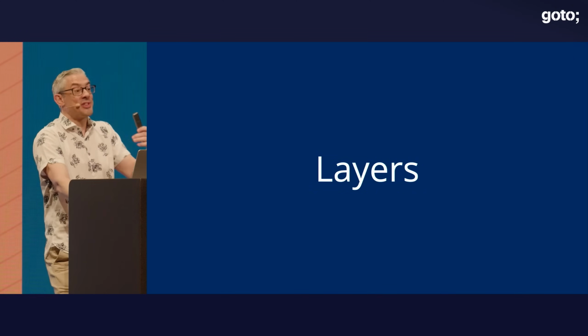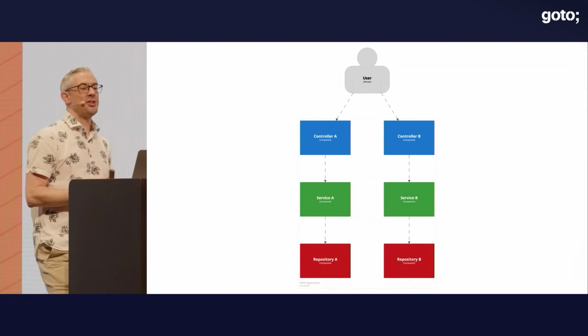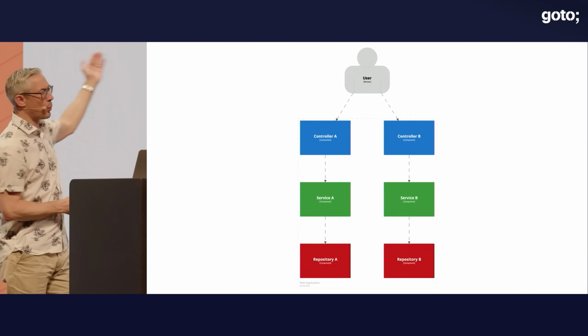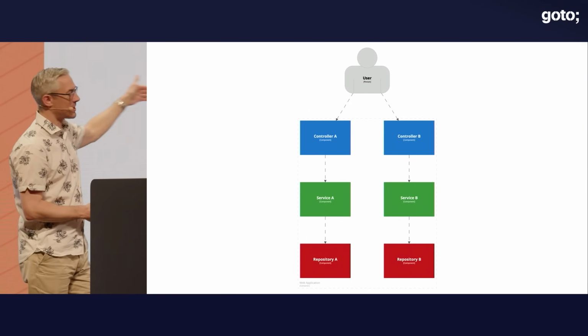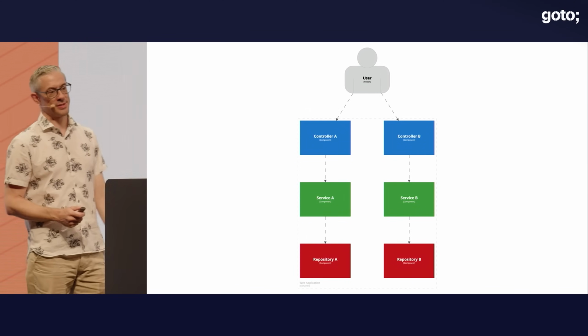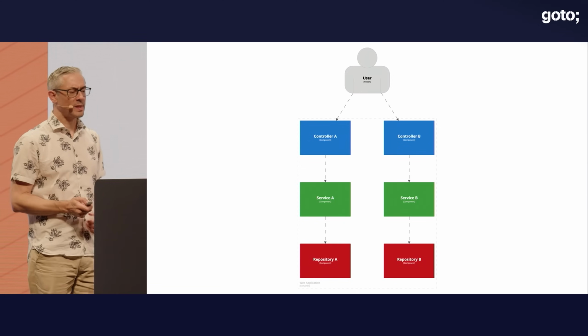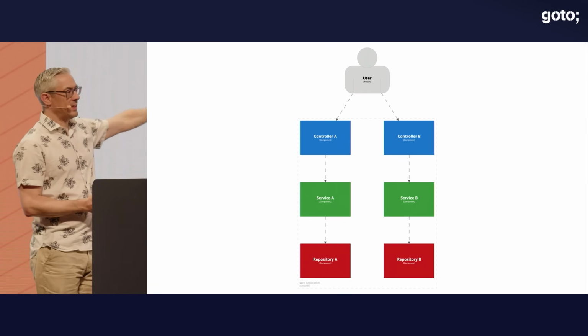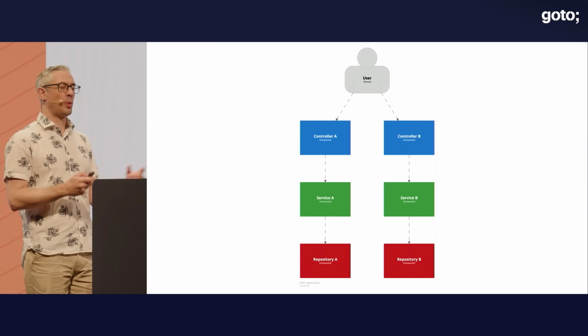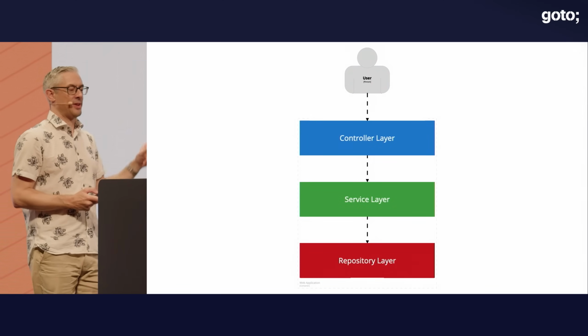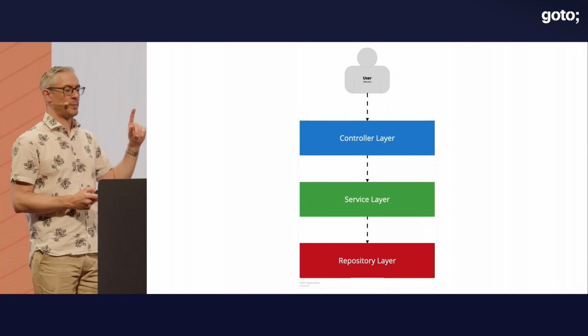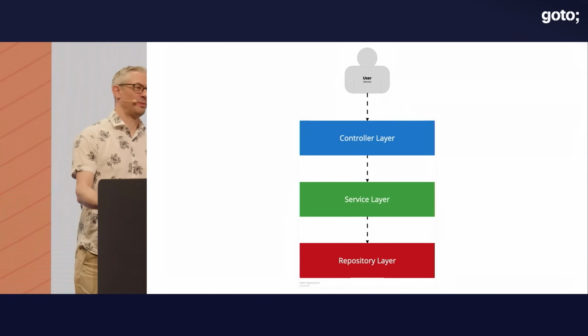Layers, so architectural layers in particular. Imagine you have an app which has some web stuff, some controllers, some services, and some repositories, like a bog standard layered architecture. I think it's fine, but what many people want to do is draw that picture, which isn't useful.